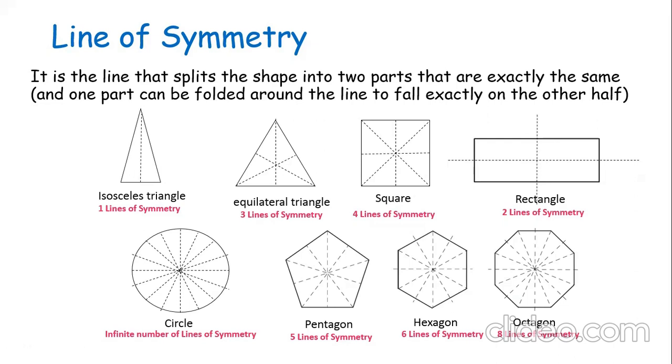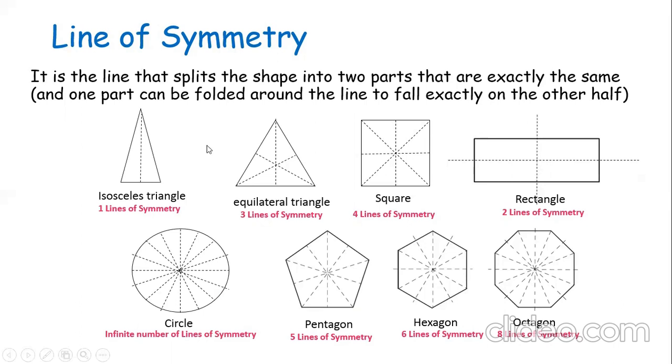So here we have a couple of geometrical shapes, and we can see the lines of symmetry in each one with the number of possible lines of symmetry.